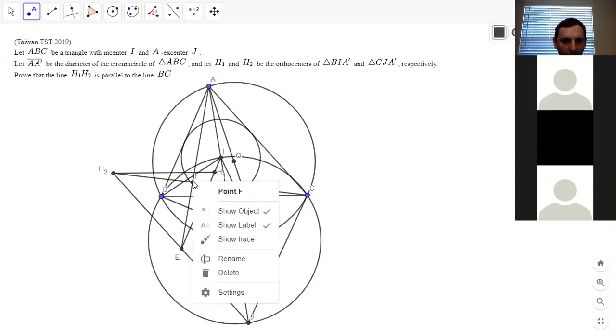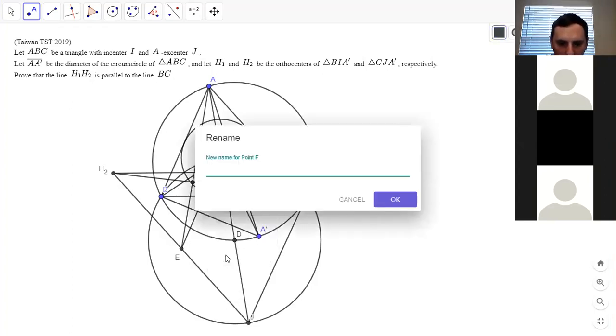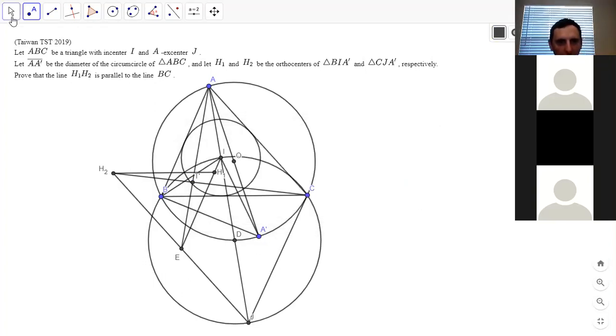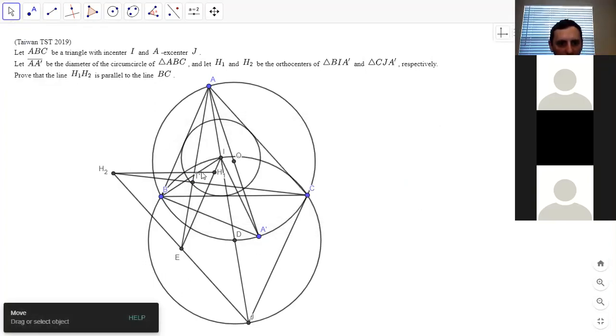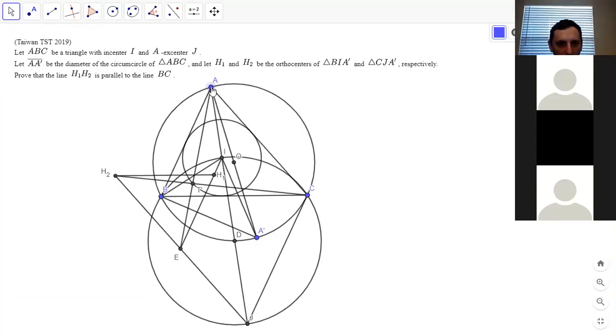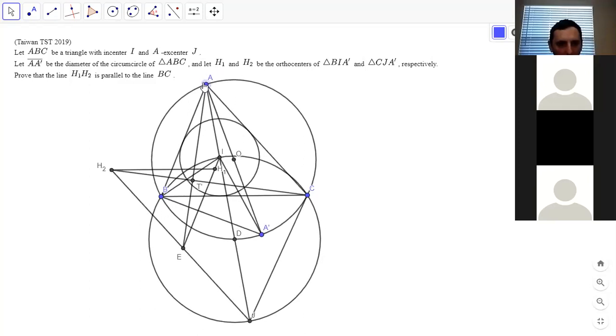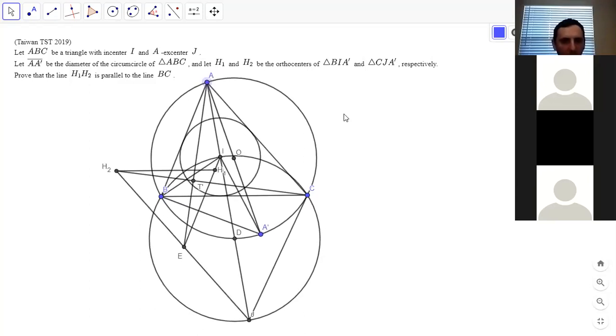Let me write that. So we call this T prime. Maybe we might calculate the ratio T prime A over T prime E. And if we could prove the same with the other, we are done.